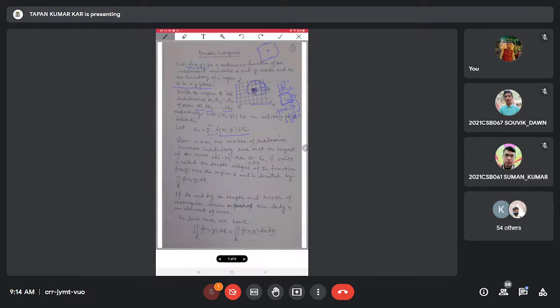But this summation is meaningful only when you take the elementary areas, that is R1, R2 up to Rn, with areas delta R1, delta R2 up to delta Rn, very small. That is when n tends to infinity.